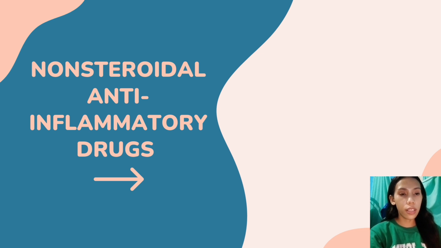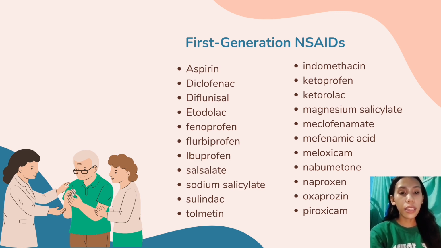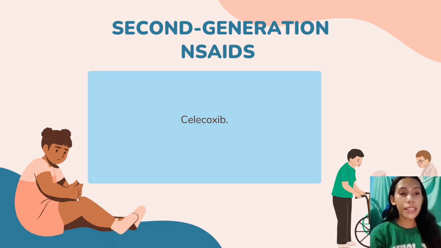Nonsteroidal anti-inflammatory drugs, first-generation NSAIDs: aspirin, diclofenac, diflunisal, etodolac, fenoprofen, flurbiprofen, ibuprofen, salsalate, sodium salicylate, sulindac, tolmetin, indomethacin, ketoprofen, ketorolac, magnesium salicylate, meclofenamate, mefenamic acid, meloxicam, nabumetone, naproxen, oxaprozin, piroxicam. Second-generation NSAIDs: celecoxib.